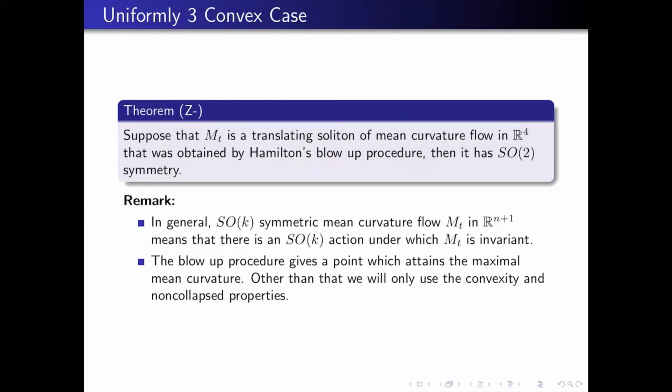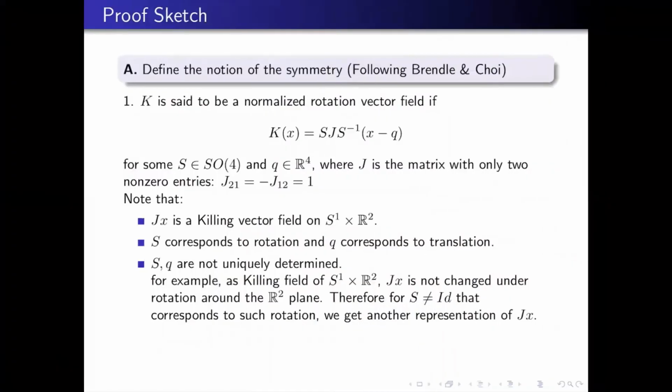Other than that, there's only one place where we use some additional information from the blow-up. That is, there exists a point such that the maximum mean curvature is attained. So I want to give a sketch of the proof.